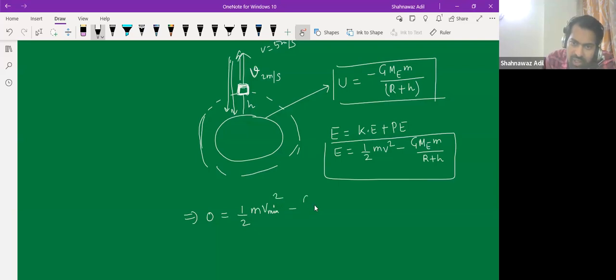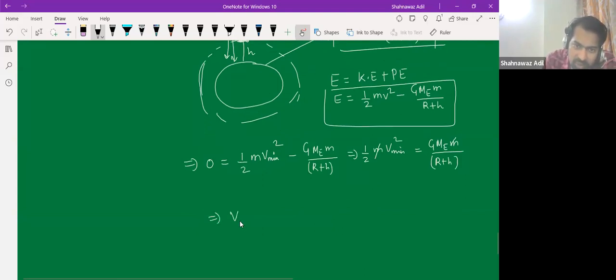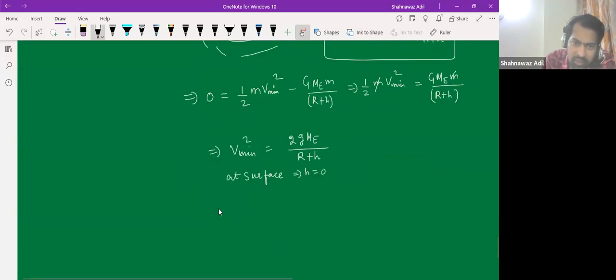Half M V minimum square minus GMeM by R plus H equals 0, so half M V minimum square equals GMeM divided by R plus H. This M cancels, and I will have V minimum square equal to 2GMe divided by R plus H. And let's say I'm throwing this object from the surface, then H is 0.